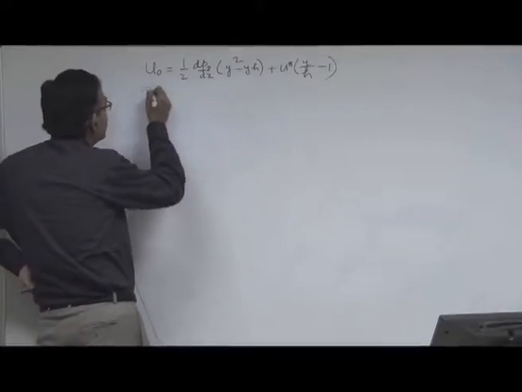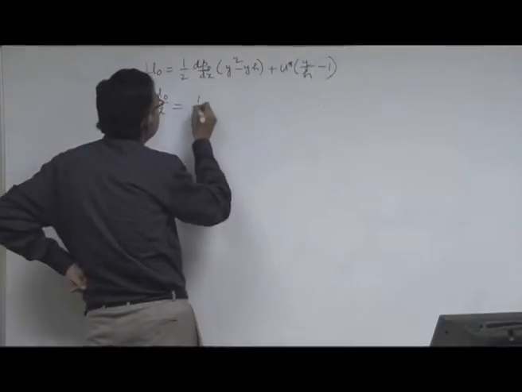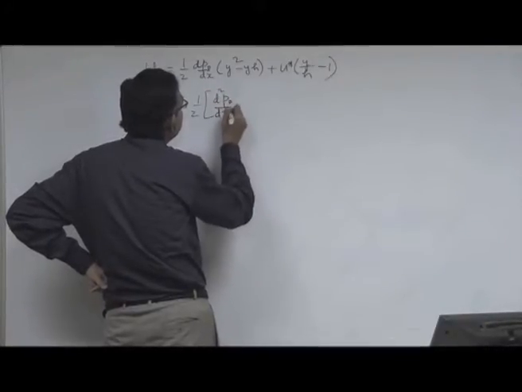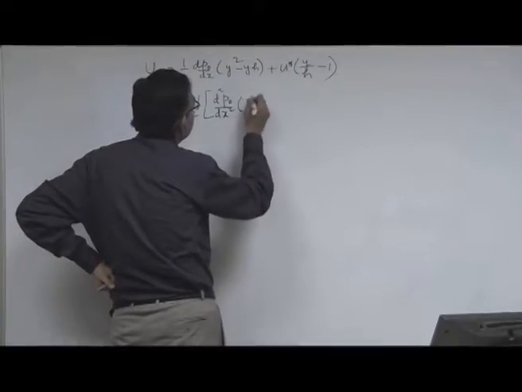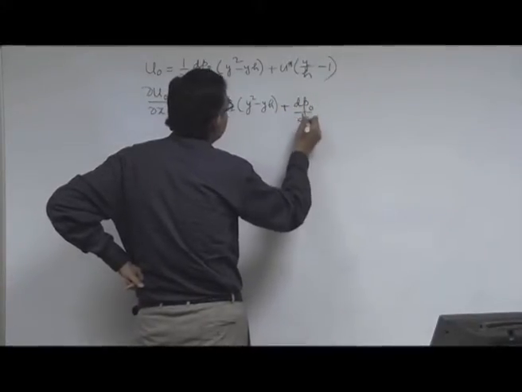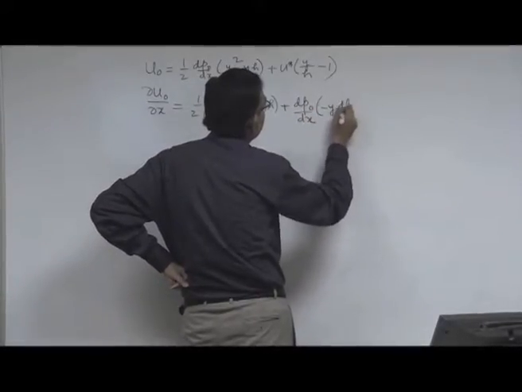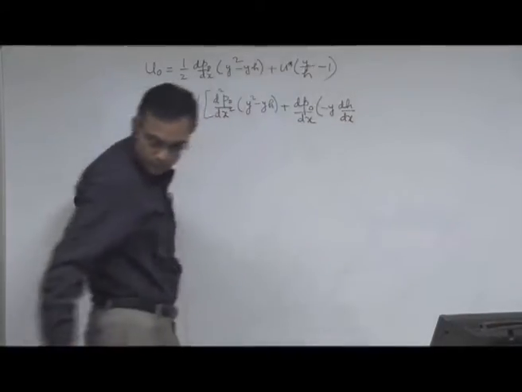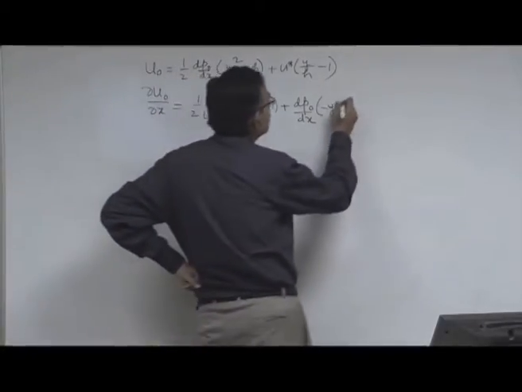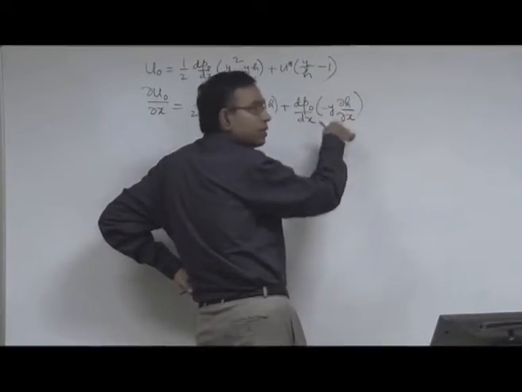So, del u0 del x, because h is a function of both x and t in general, I have written the partial derivative.